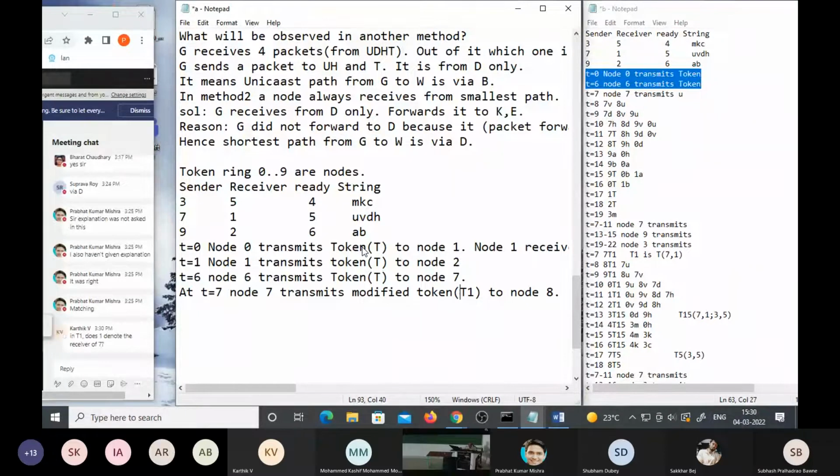Is this correct? That is correct. T1 has the information that 7 is transmitting to 1.